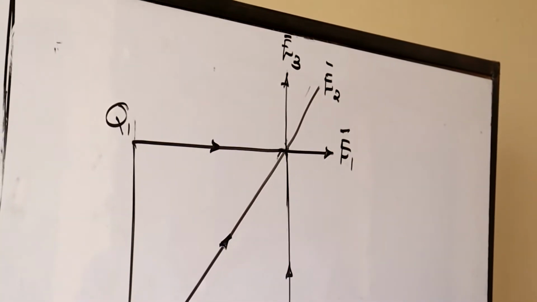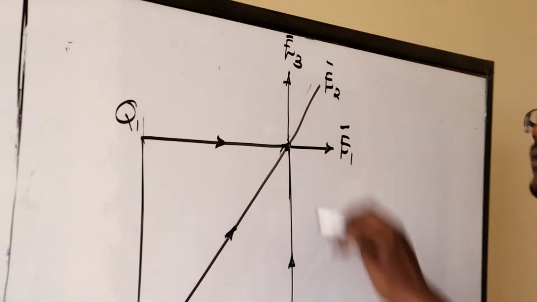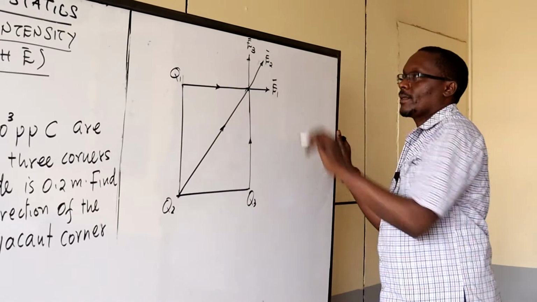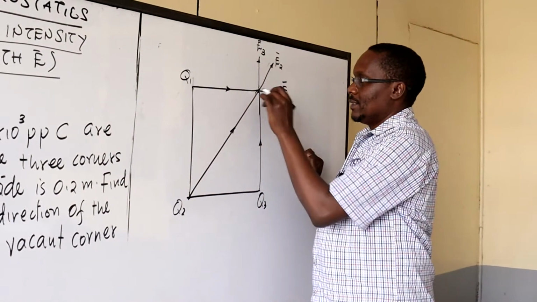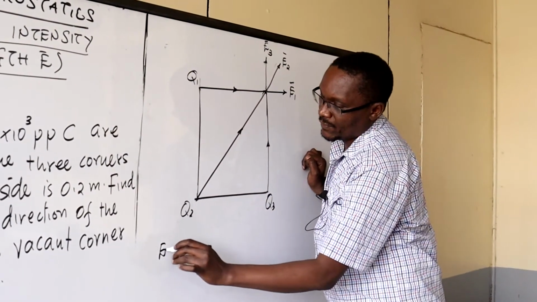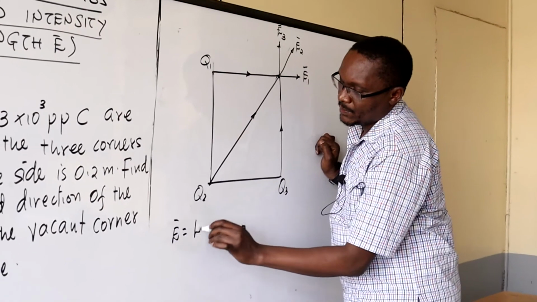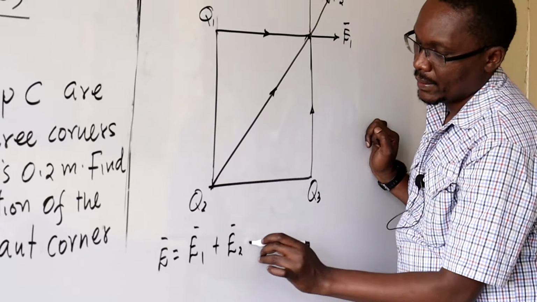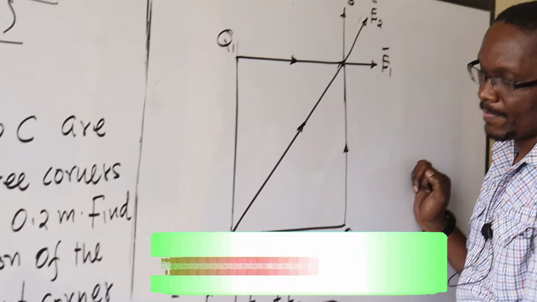This is a very good example of a superposition theorem that we want to apply. So we are saying that now the electric field strength E bar at that vacant corner must be E1 bar plus E2 bar plus E3 bar.